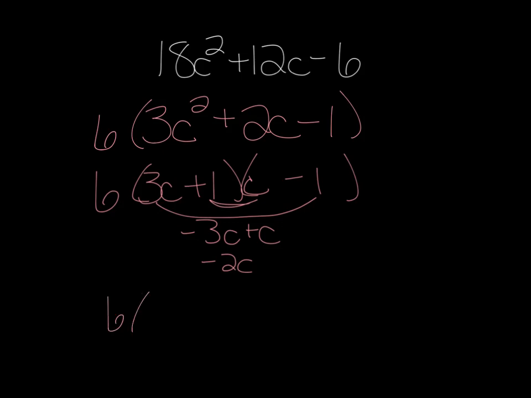So I do 6, then 3c minus 1, and c plus 1. If you were to remultiply this, and I haven't been showing all of this, 3c times c, 3c squared, plus 3c minus 1c would give me my plus 2c, and negative 1 times 1 gives me my negative 1. So this is my answer.